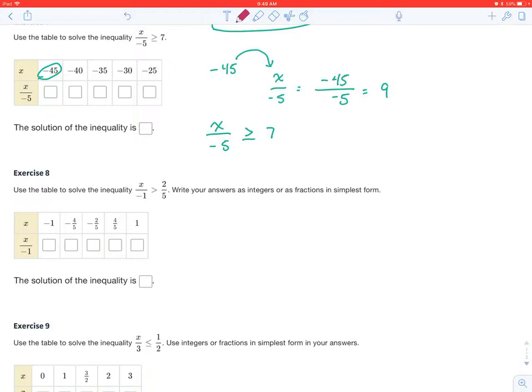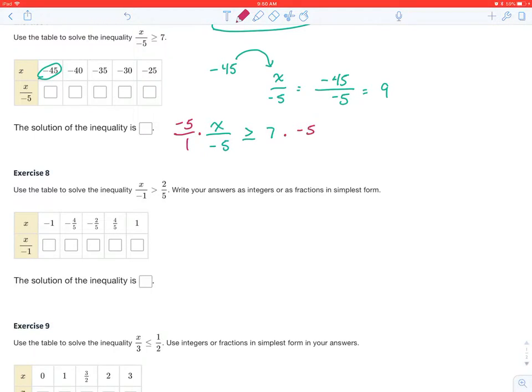So we want to have a -5 up top. In order to get that -5, we're going to multiply by -5. Not -5 over x, just the -5, because we don't want to get rid of that x. If we had x over x, any number over itself is going to be 1. So that's why we don't do the x. Instead, this is -5 over 1.